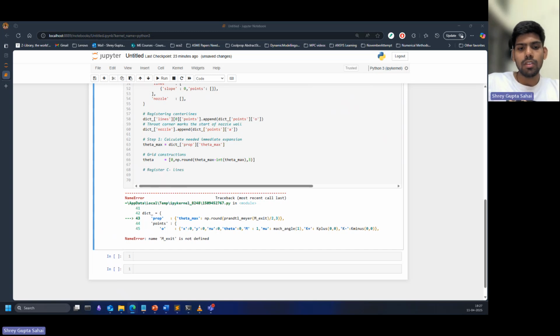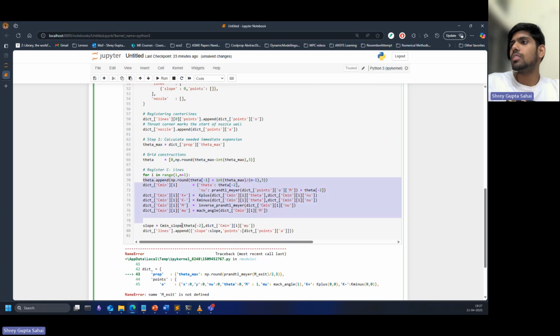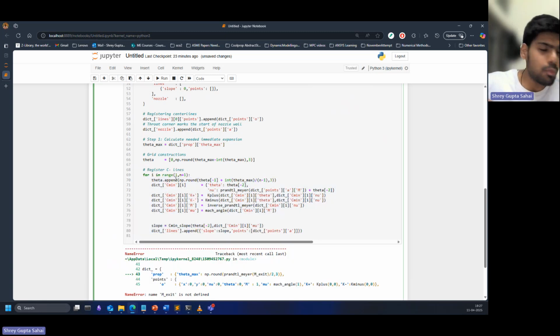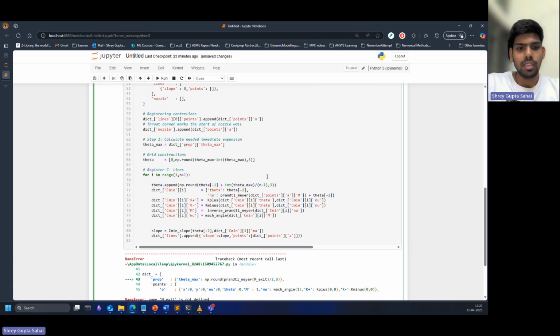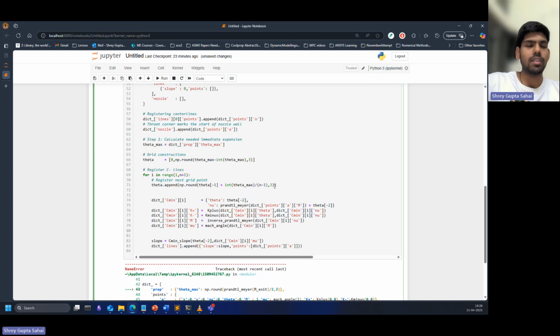That process will involve, so what I do is I move from 1 to n plus 1. And every time I move from one grid point to the next grid point, I first add theta in my grid, register the next grid point, and then correspondingly find the C minus values of it.